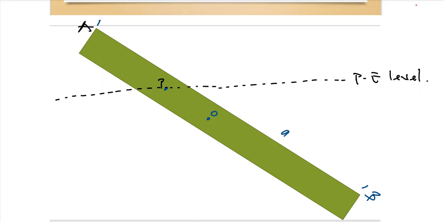Initially the rod made a certain angle, so I will use broken lines to represent the initial position of my rod. Initially the angle which the rod made with the horizontal was beta, and after a certain time t, when it was released from rest, the angle made by the rod is theta.